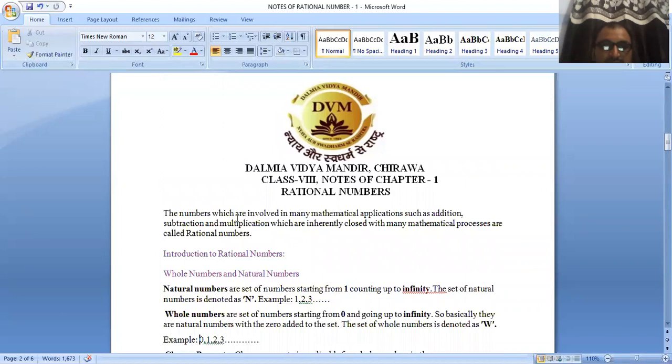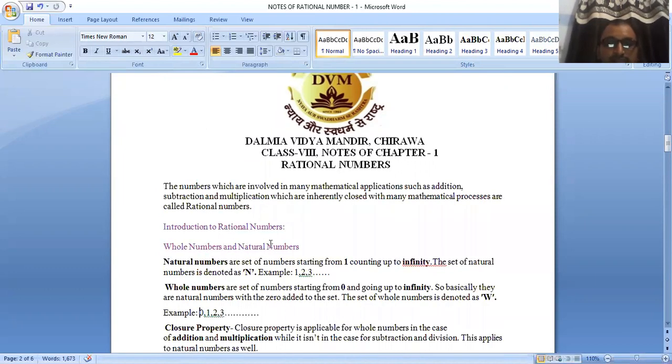The numbers which are involved in many mathematical applications such as addition, subtraction, and multiplication, which are inherently closed with many mathematical processes, are called rational numbers.